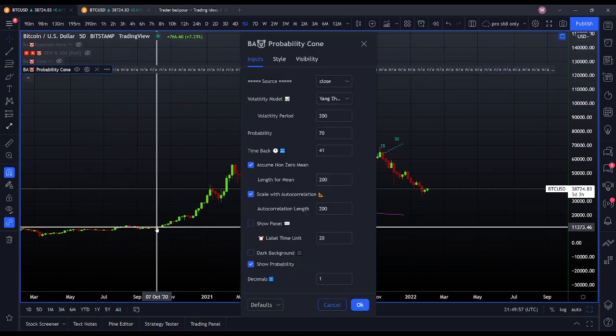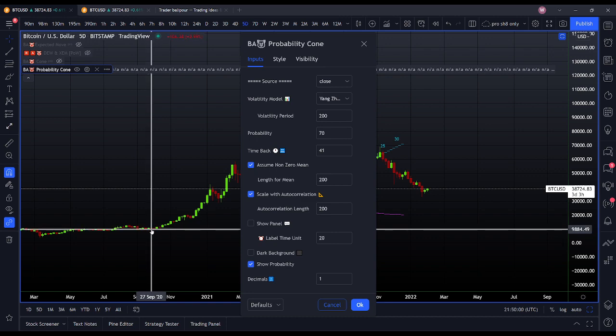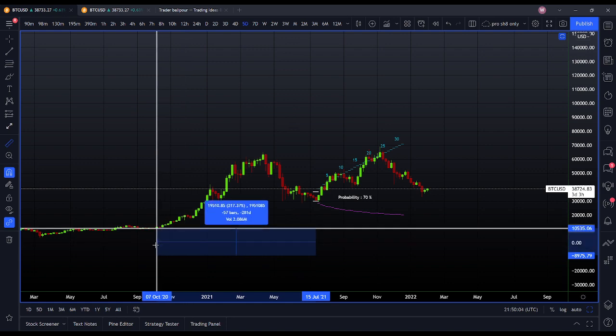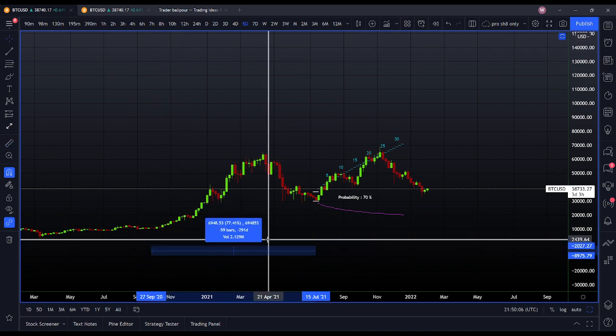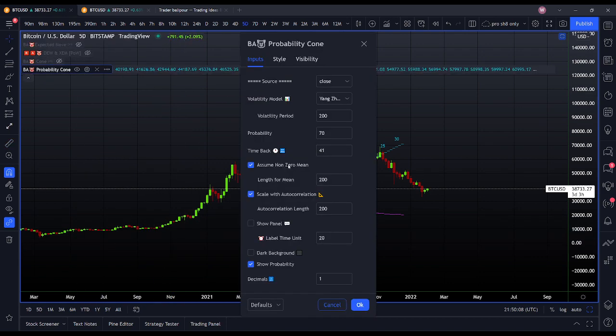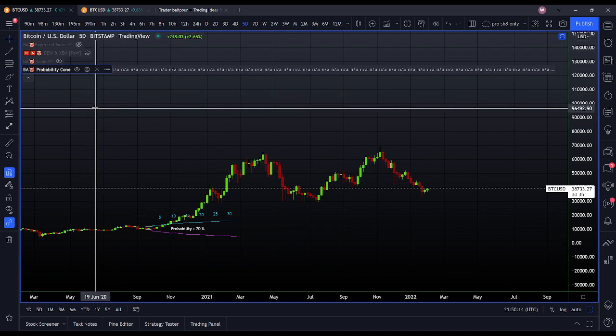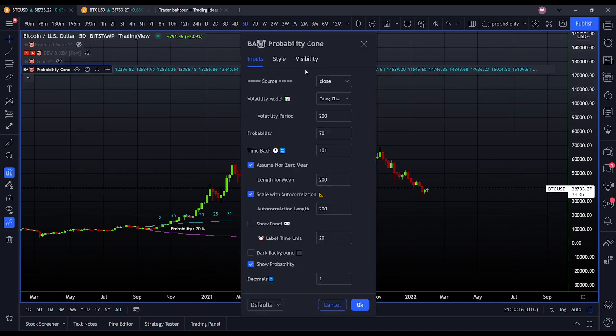But you can even go back to 27th of September. So if you just hit shift and then click and drag, you can go back another 60 bars on top of that. So we can go to 101 bars, and we can see our probability.